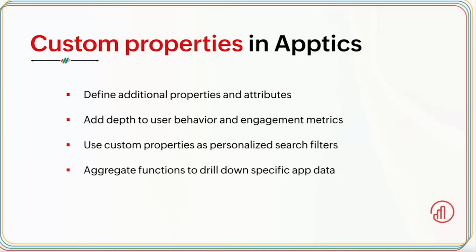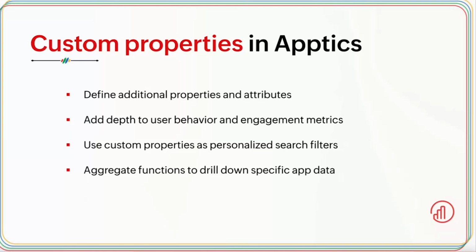Or if you're developing a fitness app, it could be the number of updates or number of reminders provided for your users. These are all attributes specific to your app, so you can define them and track them as custom properties for your app using Aptics.